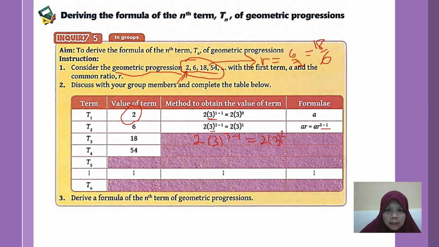And here we can write it as ar to the power of 3 minus 1.